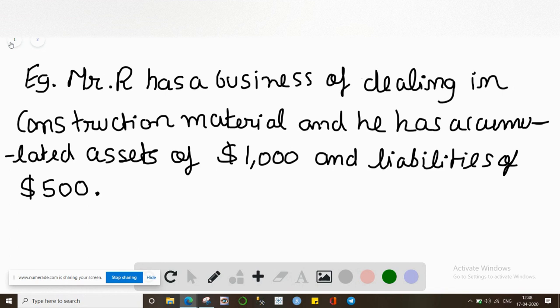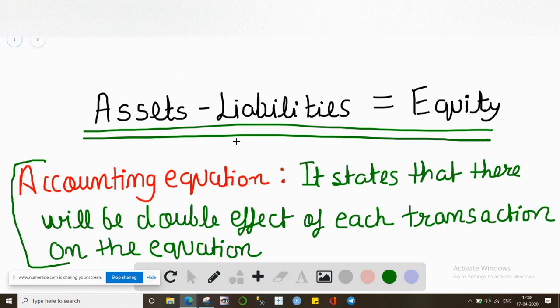So based on the equation we have just formed, we can derive that our equity will be $500.